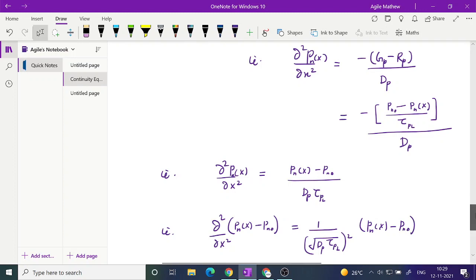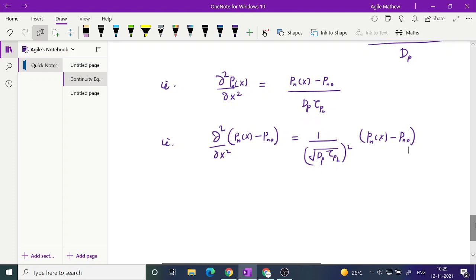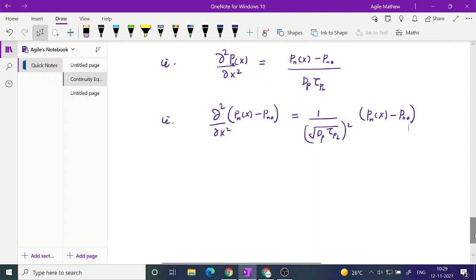Okay, are you with me so far? Yes, sir. Okay, all right. So now this is a second order differential equation, and it is homogeneous. We have made it homogeneous by some manipulation, by just adding a constant.